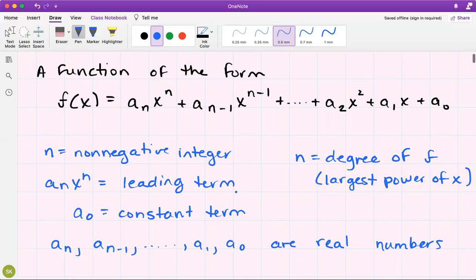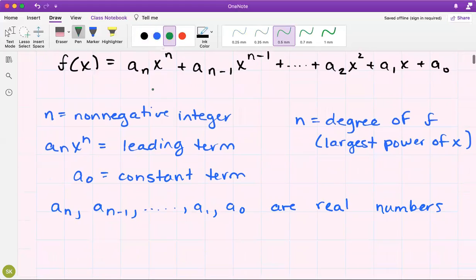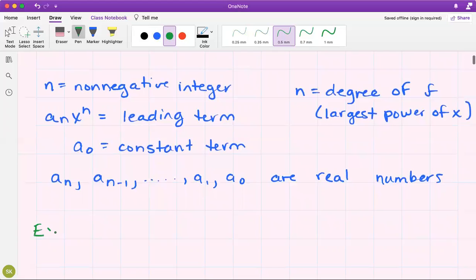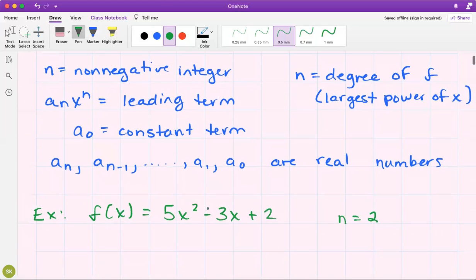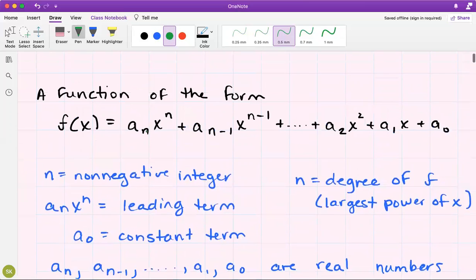Let me give you some examples of polynomial functions. We've actually seen some already. Here's my first example: 5x squared minus 3x plus 2. Here, n is equal to 2. That's our degree. So n is a non-negative integer. We go up to 2, and just like in this form, everything behind the highest power goes down in power.